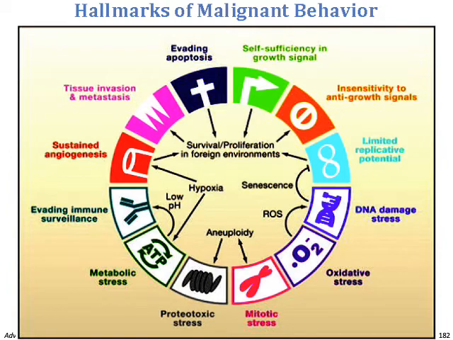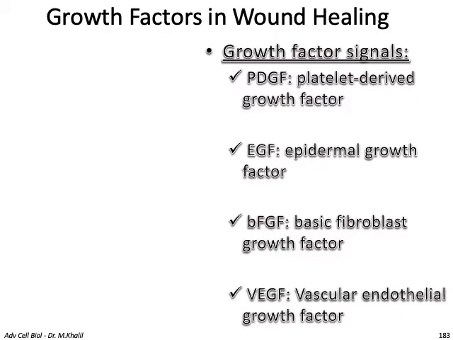The cancer cells can evade immune surveillance and sustain angiogenesis, which leads to tissue invasion and metastasis. So it's a kind of dysregulation of the pH, and aneuploidy, hypoxia, senescence, and reactive oxygen species.